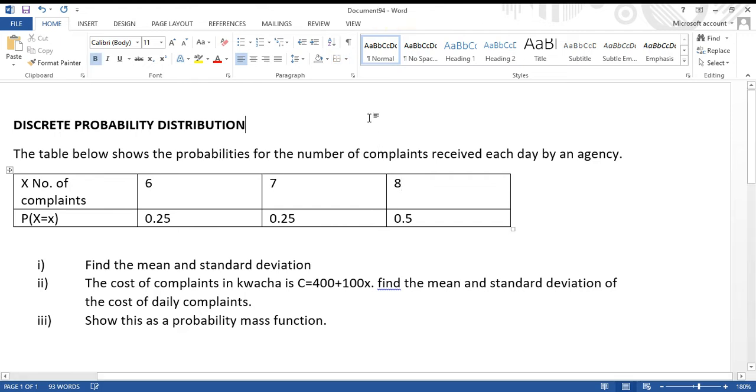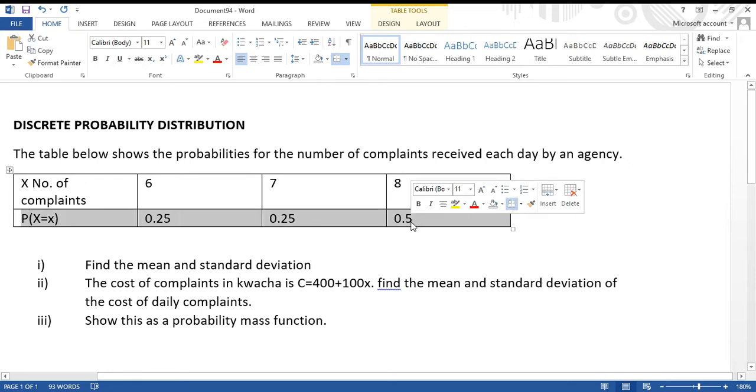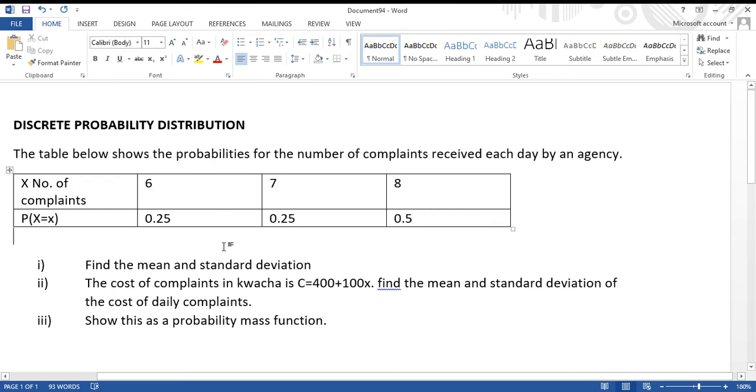All right. So let's look at this example here. The table shows the probabilities for the number of complaints received each day by an agency. So our random variable is the number of complaints. Okay. And here are the probabilities for each of the values. All right. And we've been told first to find the mean and the standard deviation.